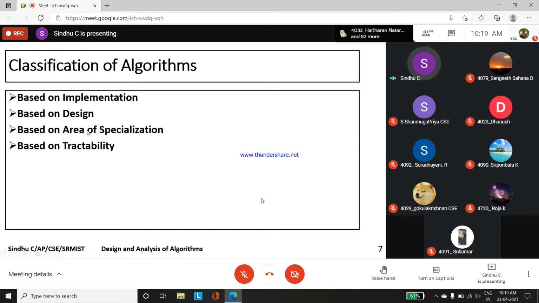And we have domain-specific algorithms, which can be string matching algorithms, graph-based, combinatorial, and based on tractability, you can have easily solvable algorithms and unsolvable, intractable ones. So we have several such categories of algorithms, right?